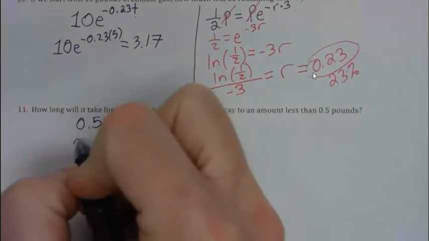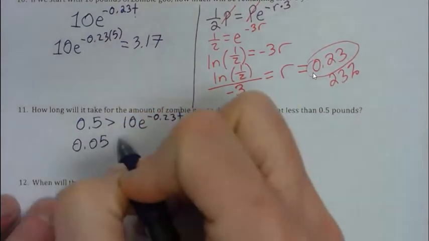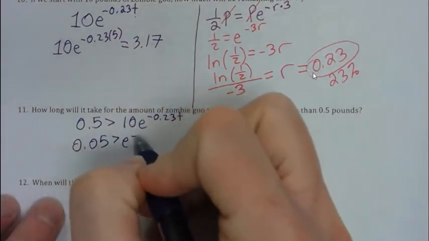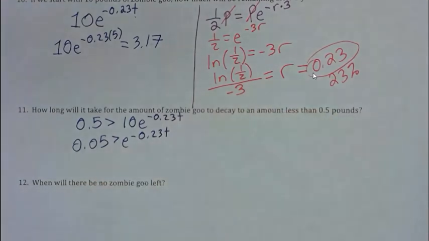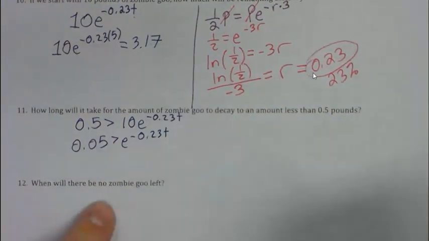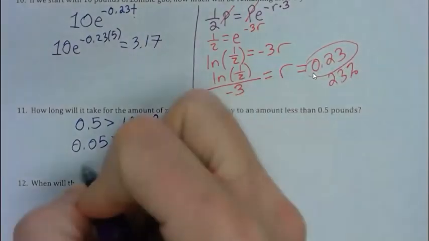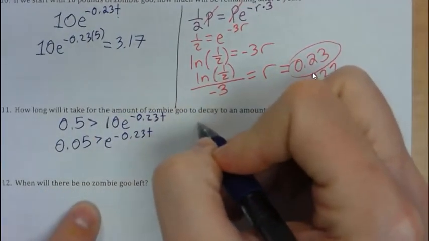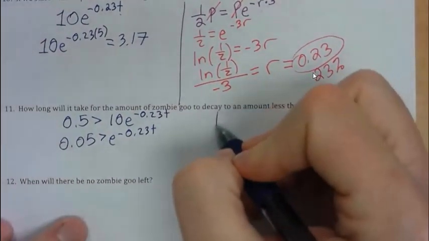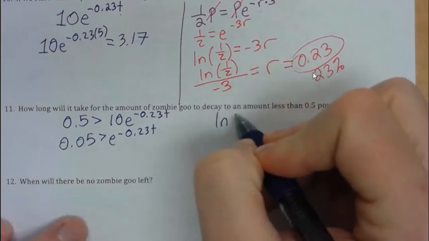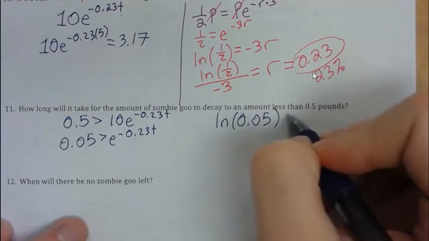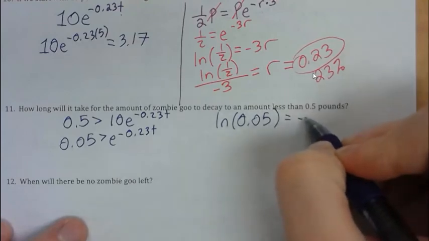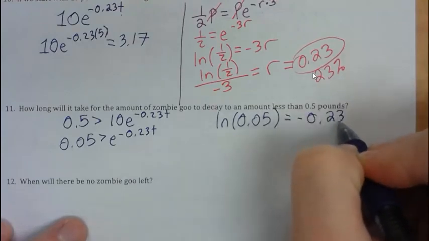So now we would have 0.05 is greater than e to the negative 0.23 t. And now we can rearrange into a natural logarithm. So now we have the natural log of 0.05, and then we're trying to see when it's going to be equal to negative 0.23 t.